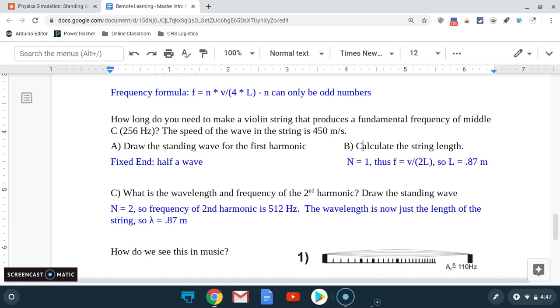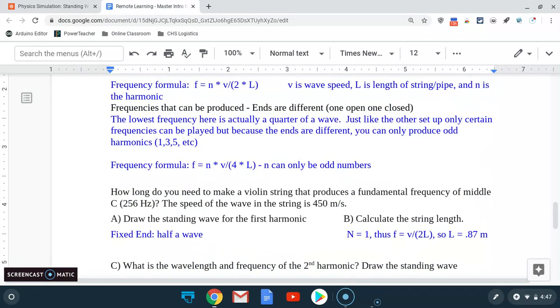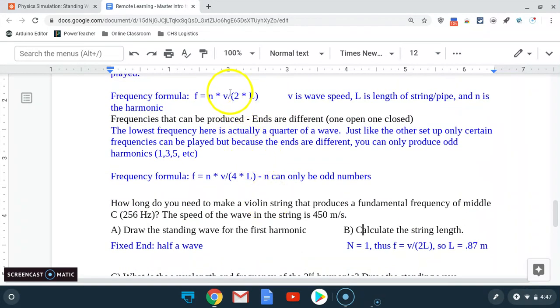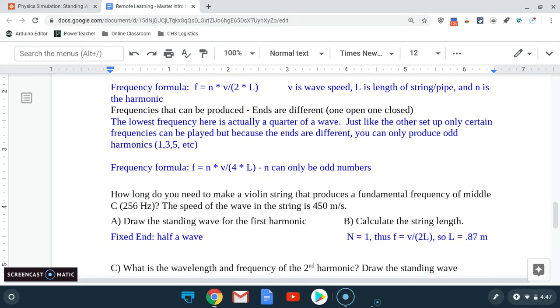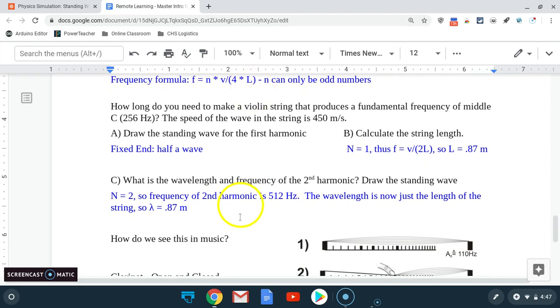If I put that in this formula, because you know the length of the string now, you'll find that the frequency is 512 hertz. It's basically the original fundamental frequency doubled. So the frequency of the second harmonic is 512 hertz.